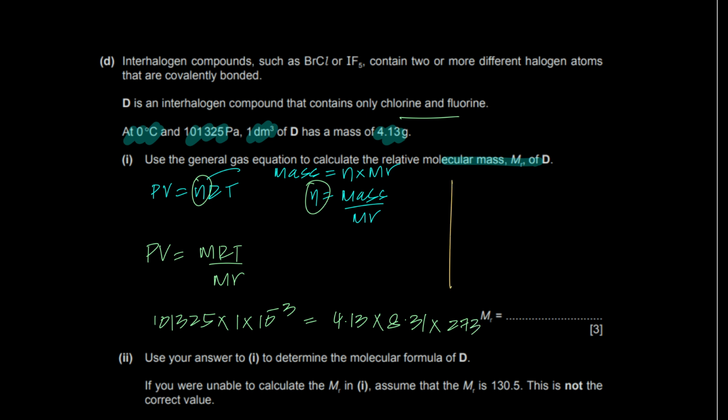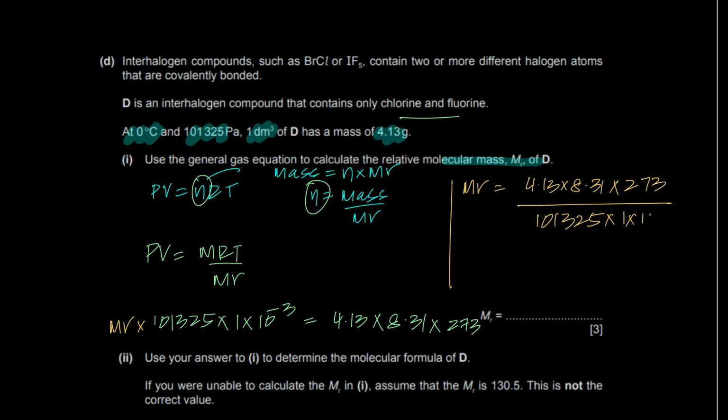Always write the expression, like I always say. So MR is multiplied there. So MR times this equals this fellow. So make MR the subject. MR equals 4.13 times 8.31 times 273 divided by PV, 101,325 times 1.1 times 10 to the power minus 3.